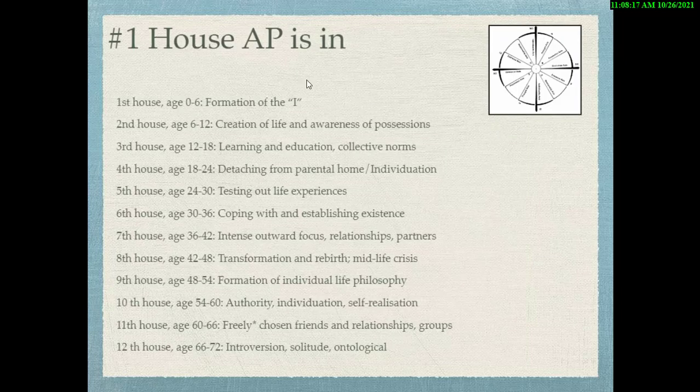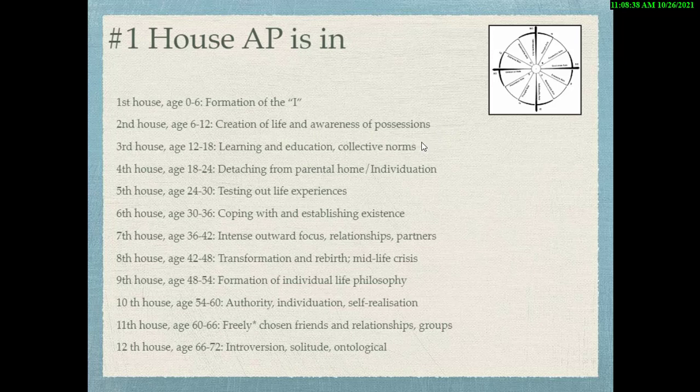So to unpack this chart, let's just quickly go through it. From the first house, from age 0 to 6, it's really concerned with the formation of the I. The second house from age 6 to 12 is the creation of life awareness of possessions.